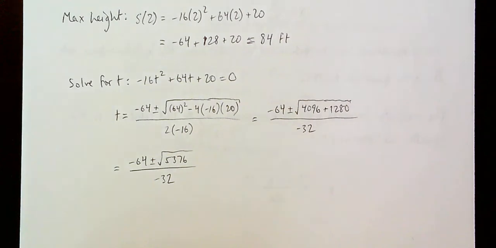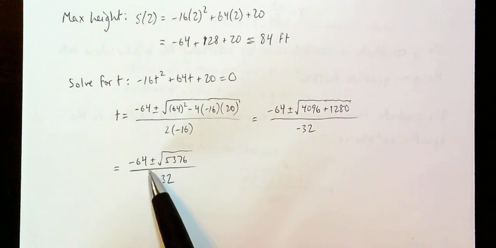So we said, when we introduced the quadratic formula, that we're actually going to come up with 2 separate values. In this case, 2 separate t values. One for when we use the plus, another one for when we use the minus.